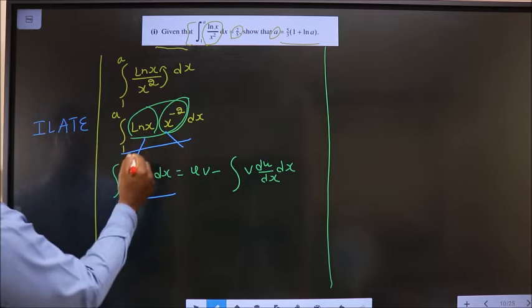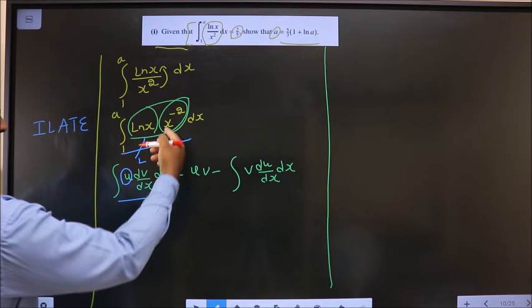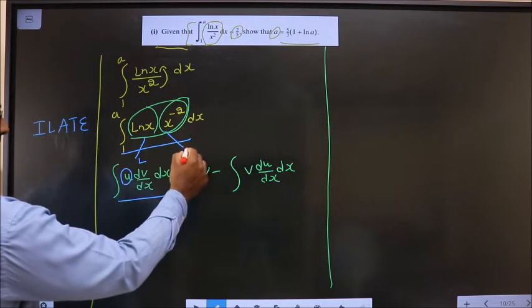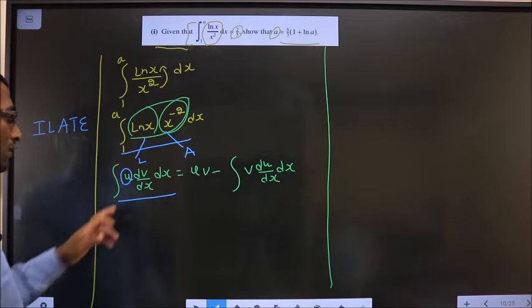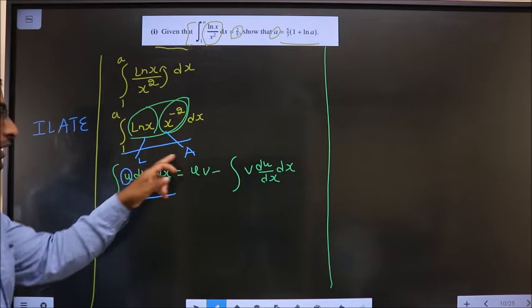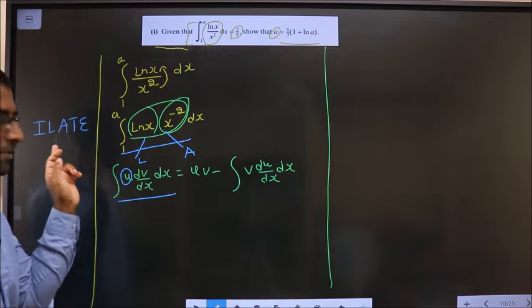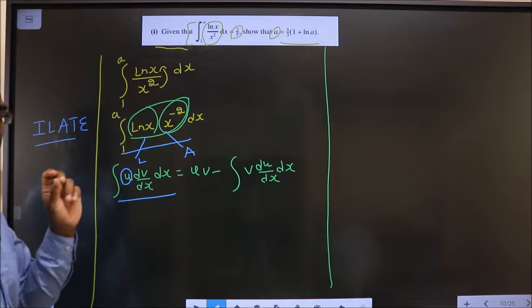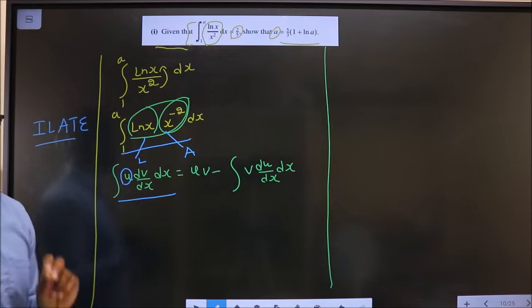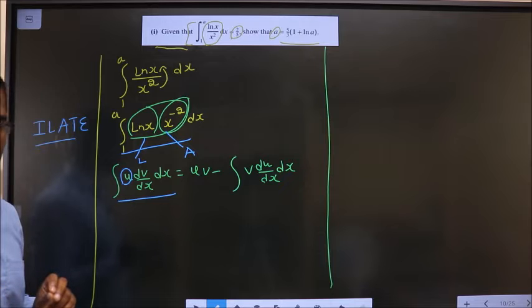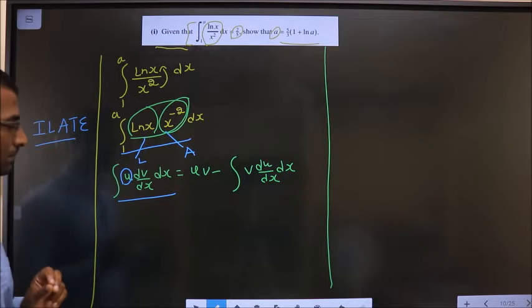Here ln x is logarithm, so L. X power minus 2 is algebra, so A. Out of the given two letters, whichever letter comes first in this word, that should be taken for u.